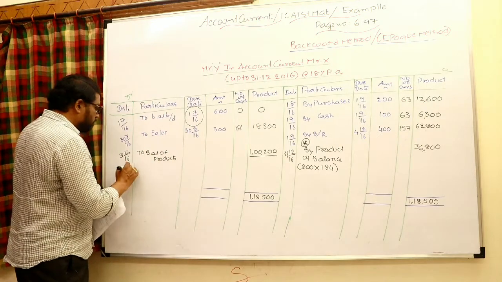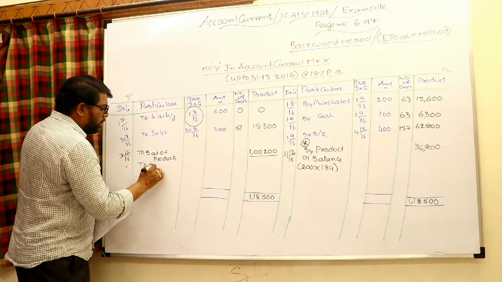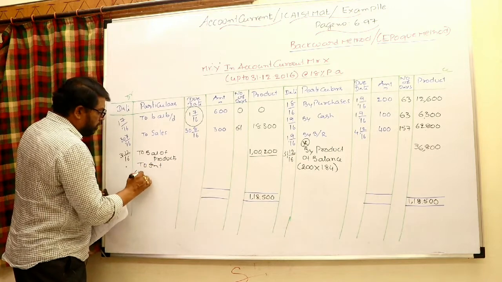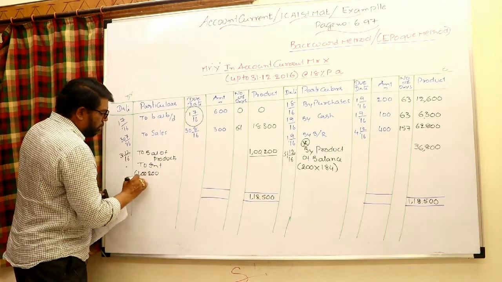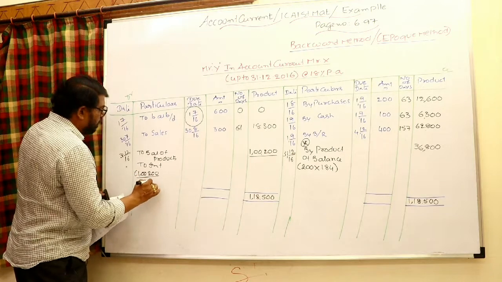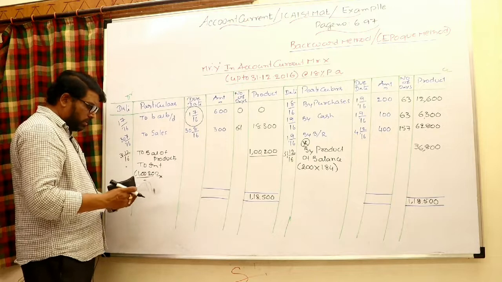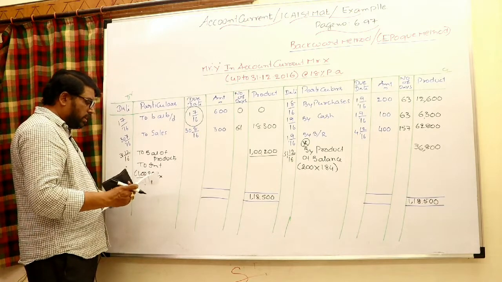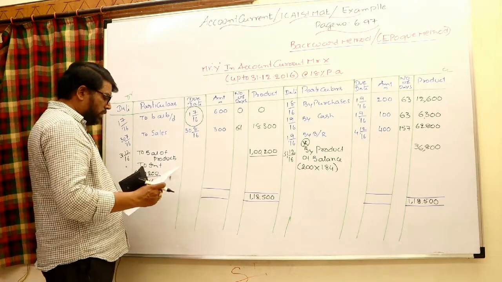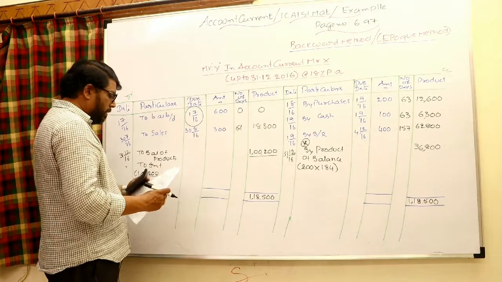In the Y to interest, you may calculate like this: 1,02,000 by 366 into rate by 100. Rate by 100, 18%, 18 by 100.